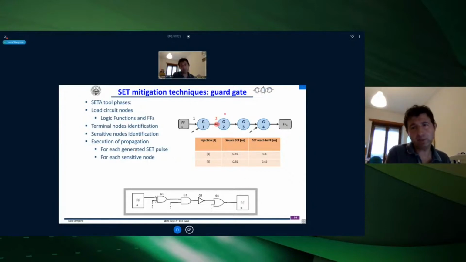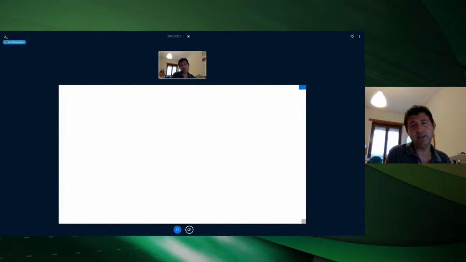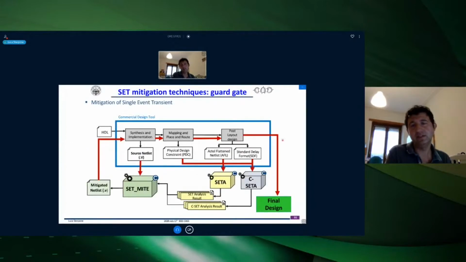Just coming back to the propagation of the pulses here. I will go fast on this phase because at the end it is just a propagation that is modifying, in different ways, the shape at the output. So if you want to analyze and mitigate that, what you need to do is a very complex modification of the original flow.